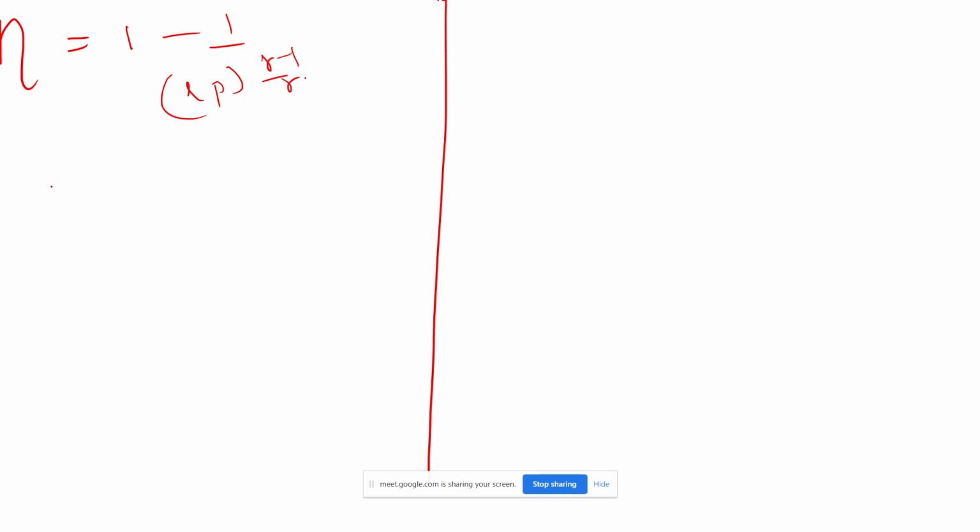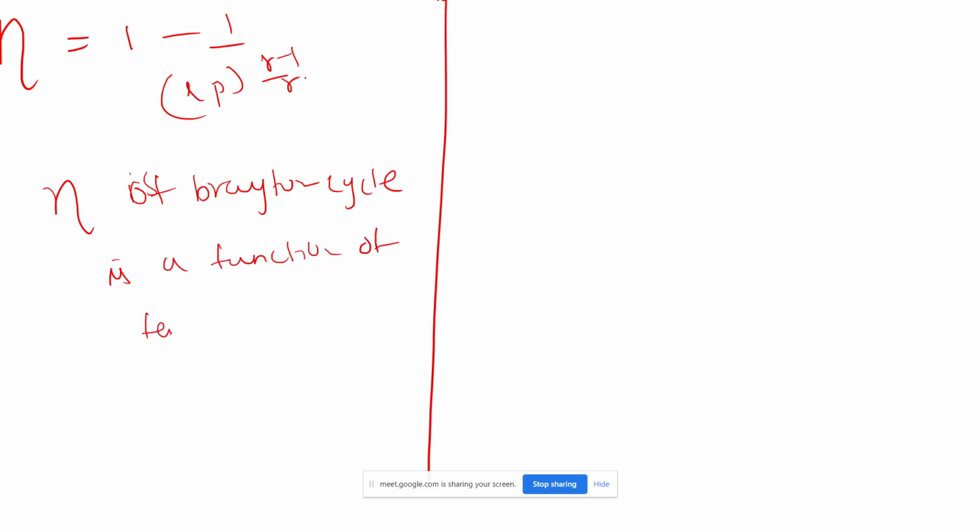Therefore, what we get here is that the efficiency of the Brayton cycle is a function of pressure ratio only. So this question they can directly ask in your exam, that the efficiency for a gas turbine or Brayton cycle is a function of temperature.